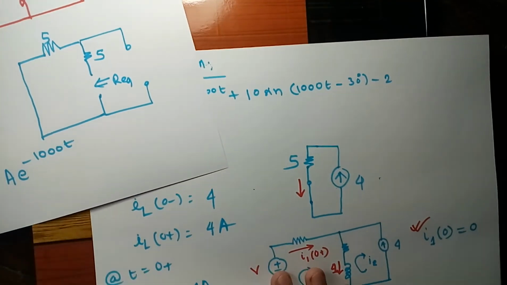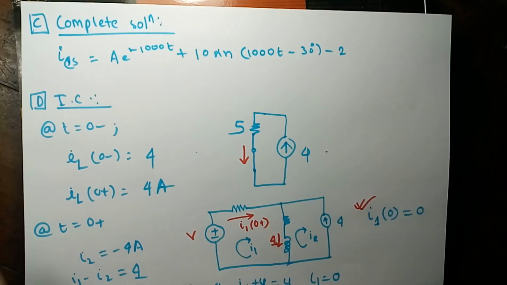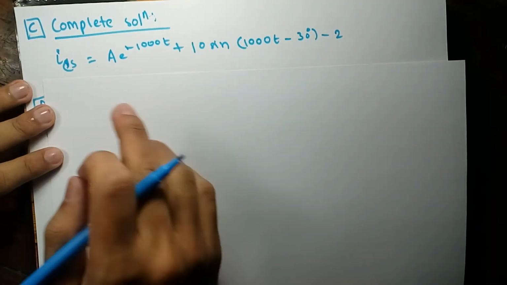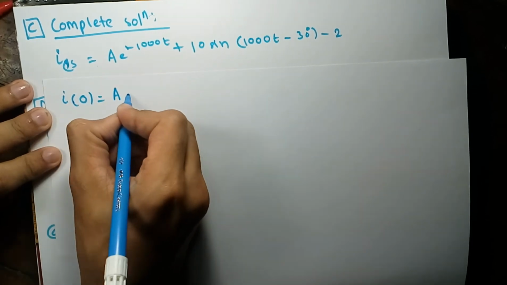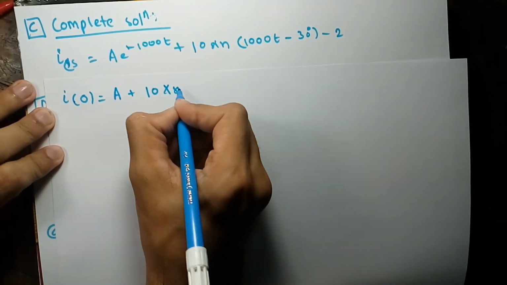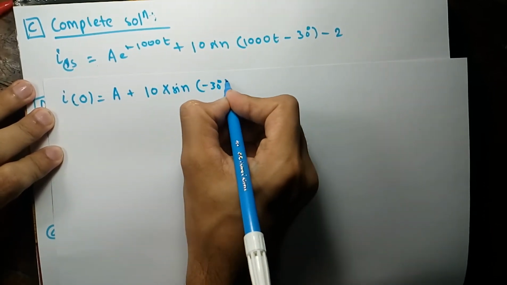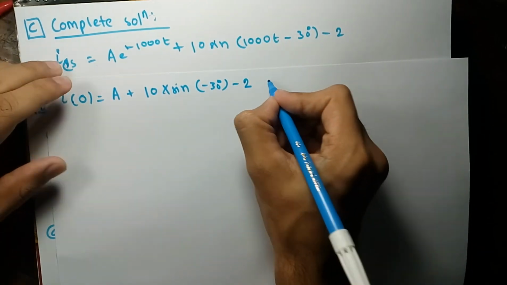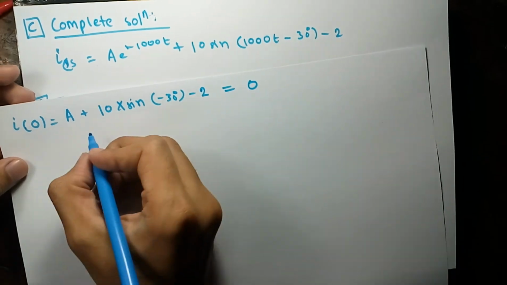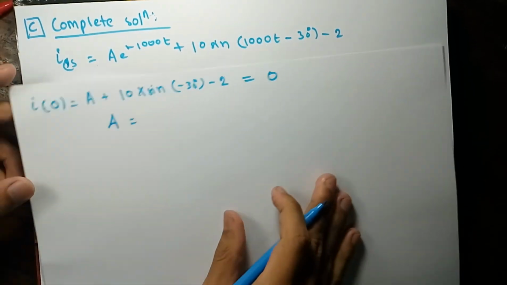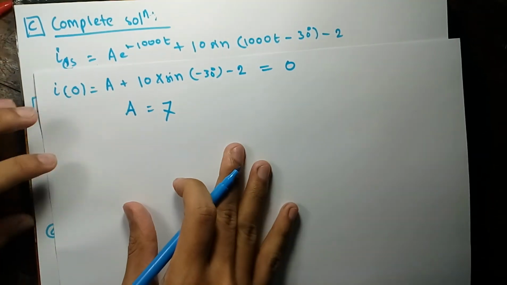Now we have to apply this initial condition in our complete solution. To do that, I simply put t equals 0 in our complete solution. That becomes A plus 10 times sine of negative 30, minus 2, and that has to equal my value, 0. If we solve, the A value will be 7.